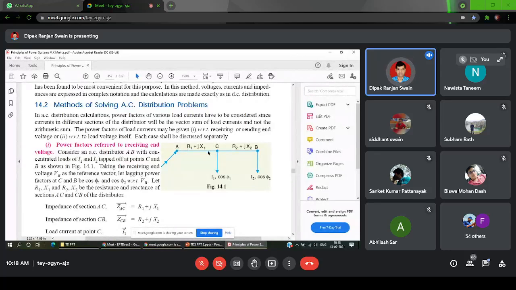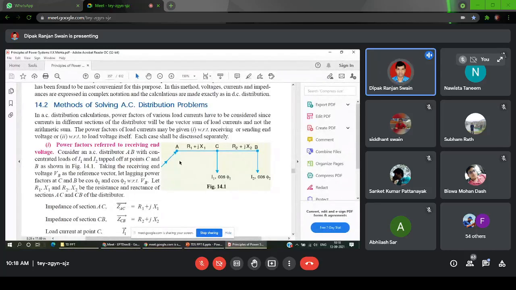Now here also, in case of DC, the impedance of the AC section was only the resistance, and the impedance of the BC section was also only given in terms of resistance. Here it is given in terms of impedance R1 plus jX1, and similarly here it is R2 plus jX2.